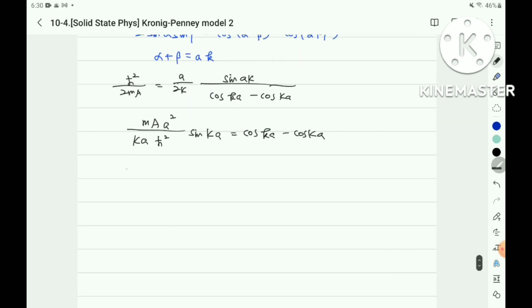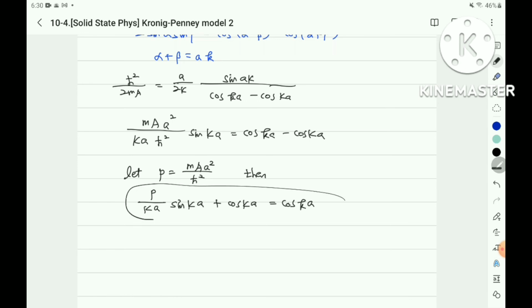And let's denote p as ma a square over h bar square, then it is p over ka sine ka plus cosine ka equal to cosine ka. This result is identical to the Schrödinger equation in real space.